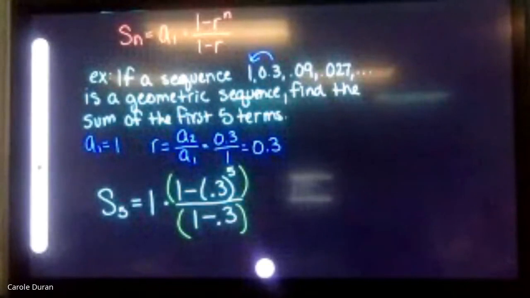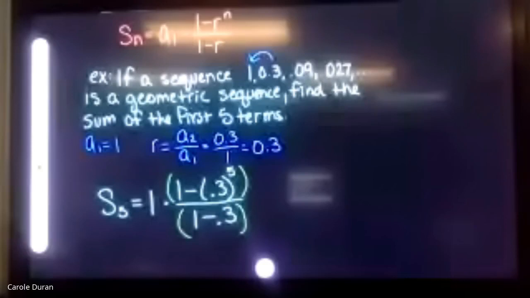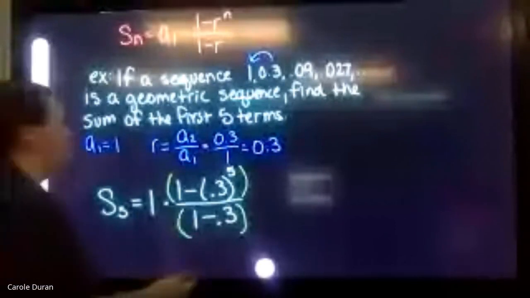I also suggest you don't do it all at once, but that's up to you. And you will get a decimal as your answer on this one. You should get 1.4251.